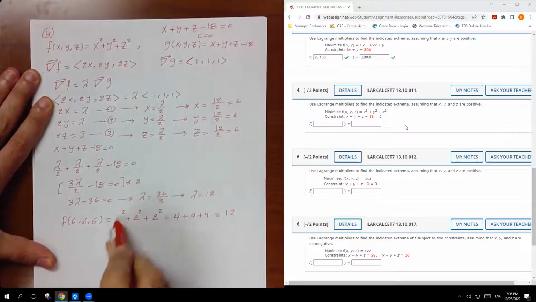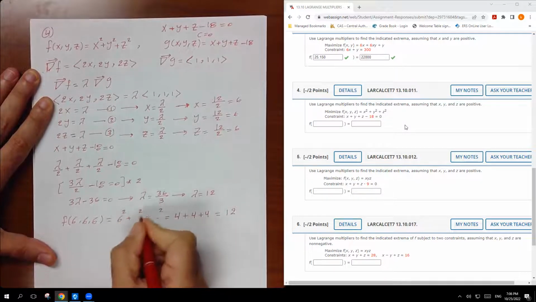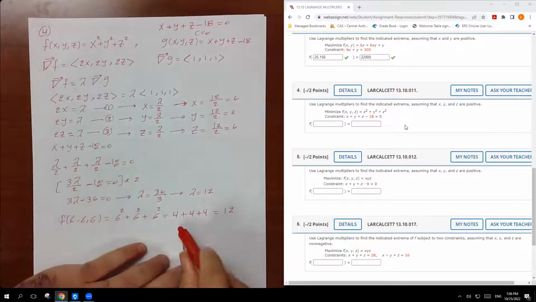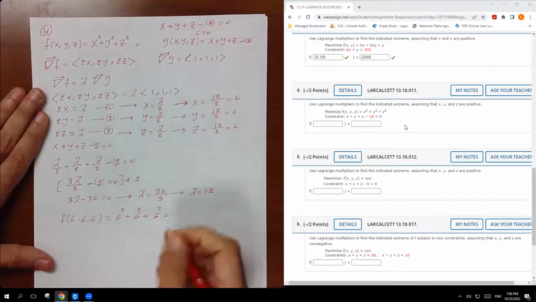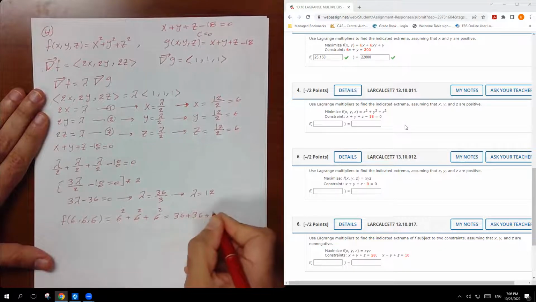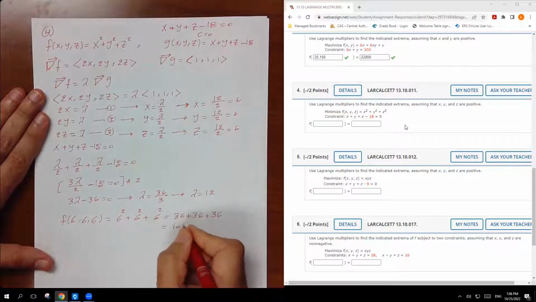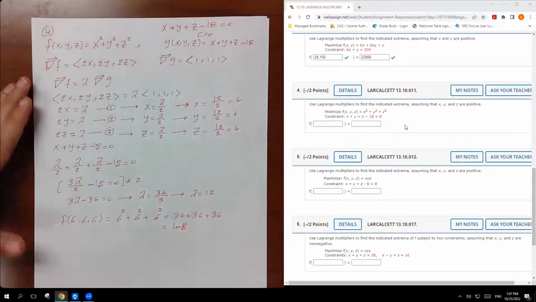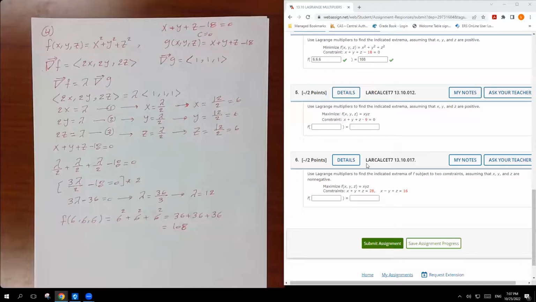That means it's going to be 6 squared plus 6 squared plus 6 squared, so it's going to be 36 plus 36 plus 36, which is equal to 108. That's it for this example. Let's check that. Here we go. We got it right. 6, 6, 6 equals 108.